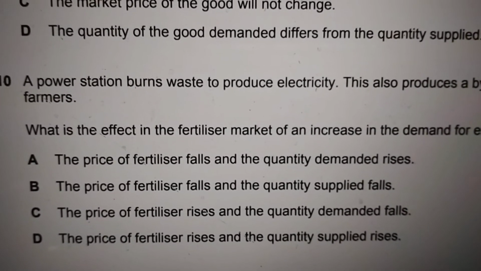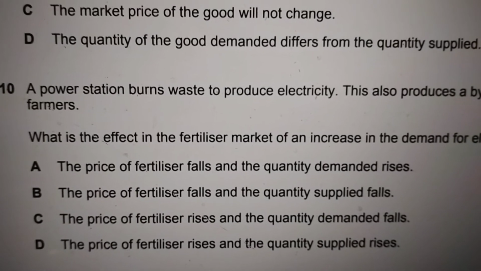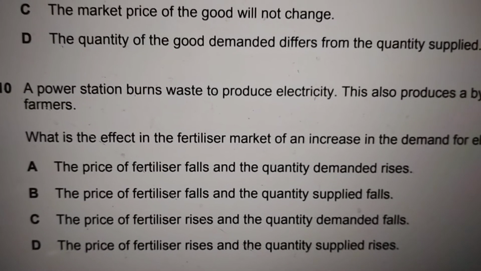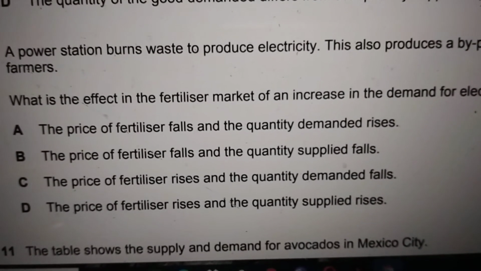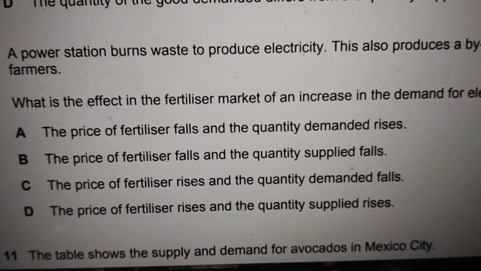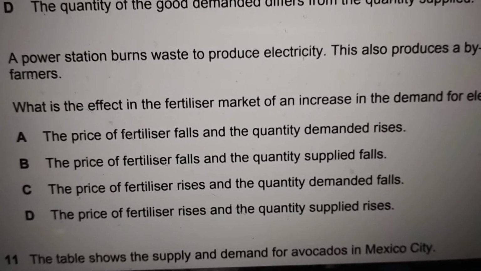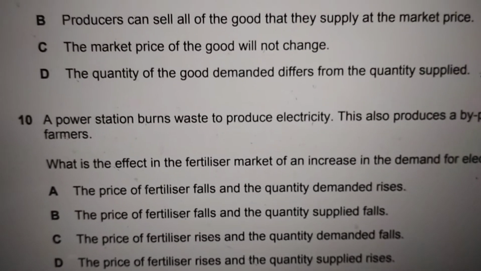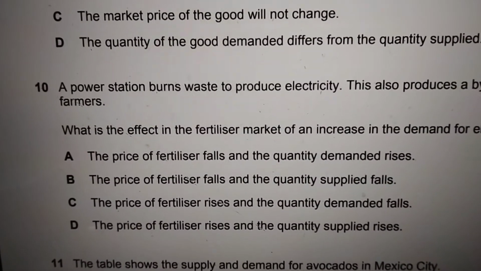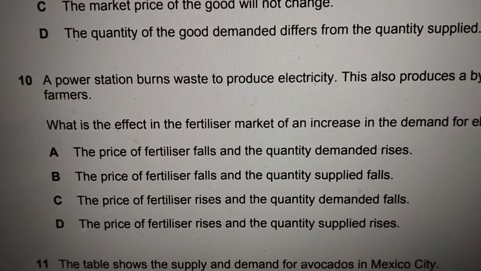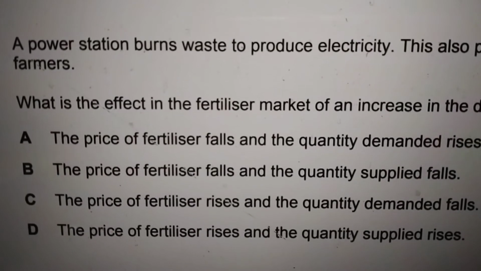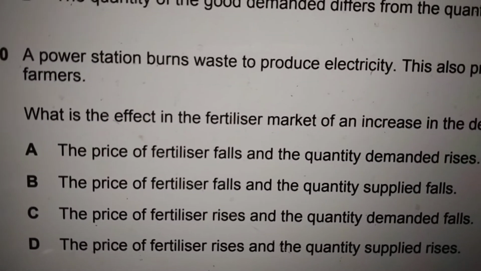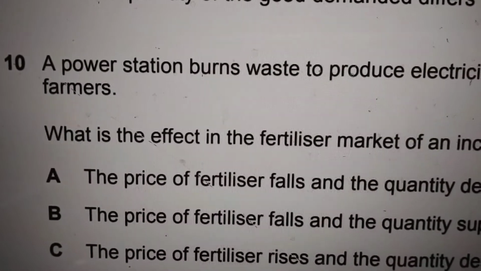So the prices are going to decrease because the fertilizers will receive a price drop. Why? Because there is more electricity generation. So when the supply increases for a particular product, we know that its price will come down, and the demand is of course increasing for the fertilizers. So question number 10, we have got the answer as A.